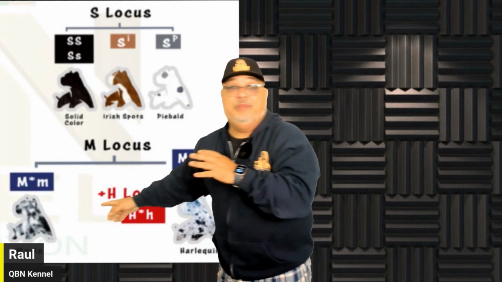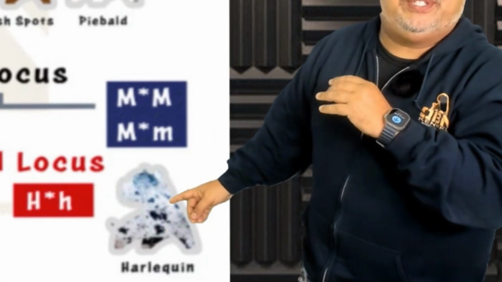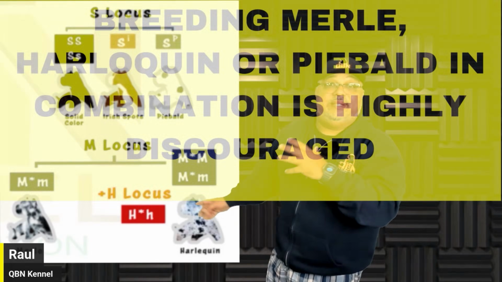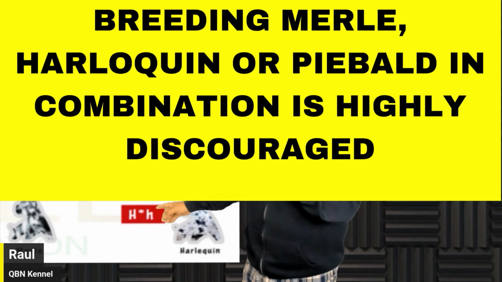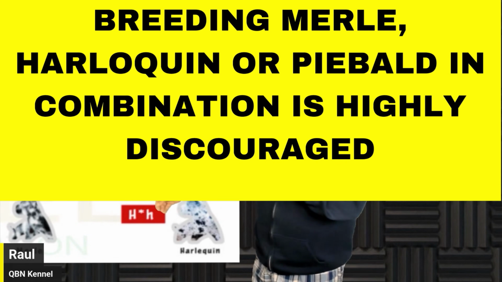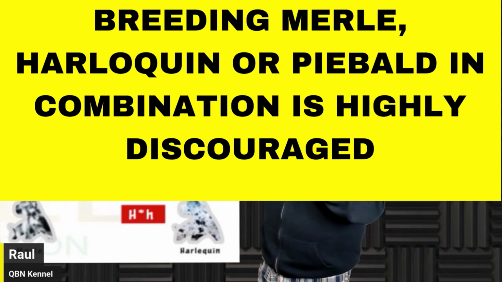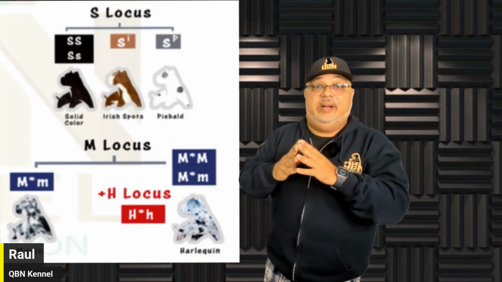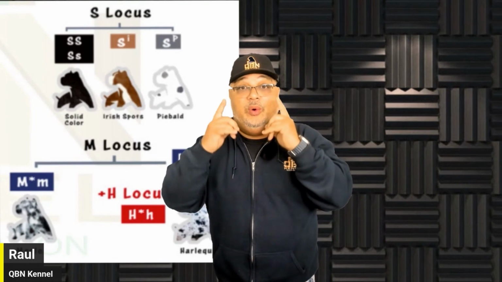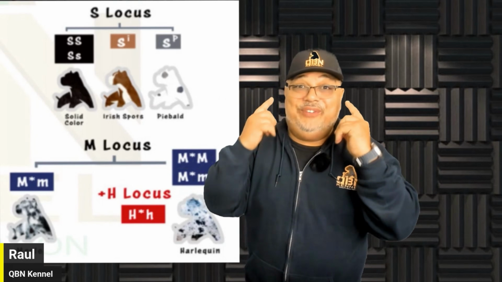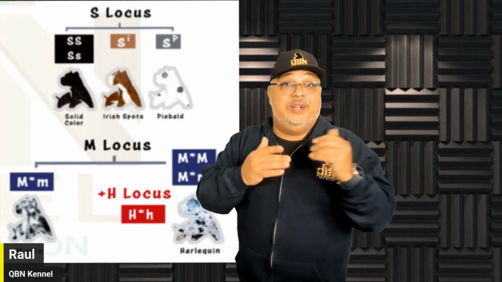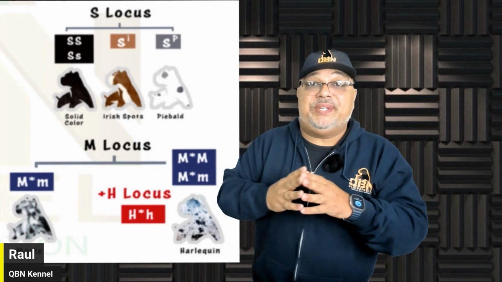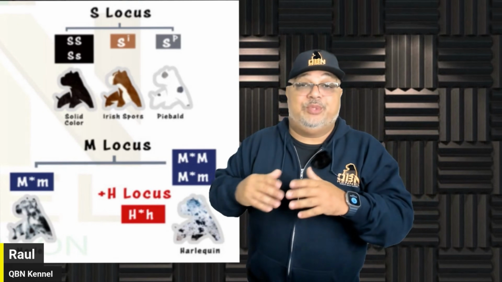You don't want to breed two merle dogs because you're going to disperse color a lot more and you're going to make more white. And the same could be said with harlequin. You don't want to hit harlequin twice with two capital H's. You're going to exaggerate the displacement of color. And when that happens, you run a greater risk of having dogs that are either blind or have eyesight impairment, deaf or hearing impairment, dogs with either heart murmurs or heart issues, or dogs with enzyme deficiencies in the liver or having some sort of liver issue.